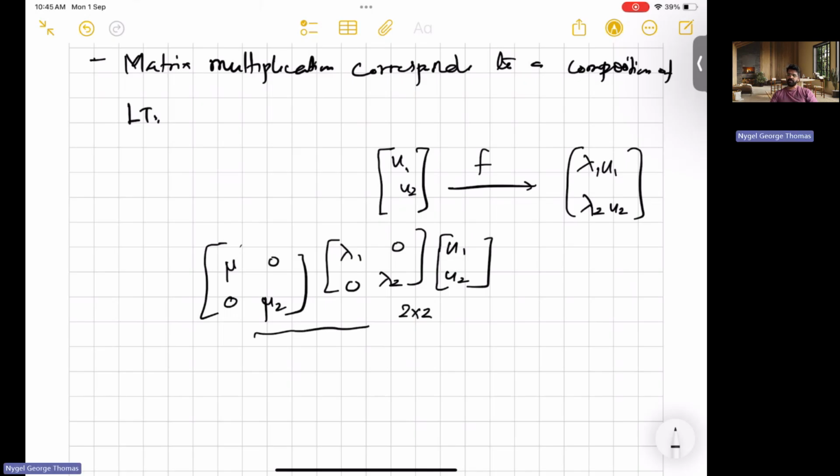What is the product of these two matrices? We have mu1 times lambda 1 plus 0 times this, 0 times that, 0, and the result is mu1 lambda 1, mu2 lambda 2, times u1, u2.